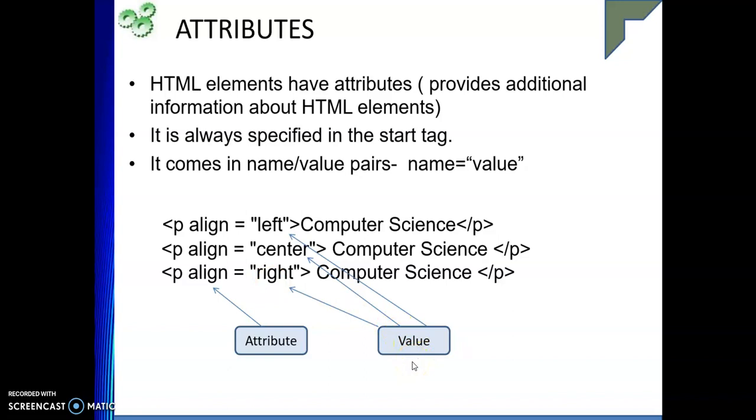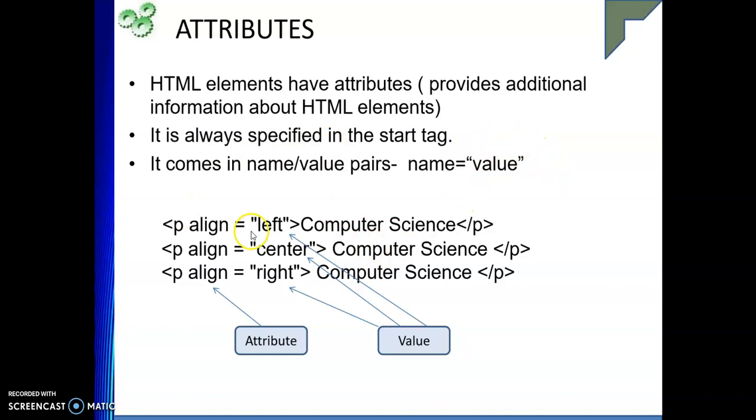So what are attributes? Attributes are some additional information associated with HTML elements, and each attribute is always specified in the start tag. My tag is P, so it goes in the start tag, not in the end tag. It always comes in the form of a name-value pair. I give the name of the attribute and a value associated with it.